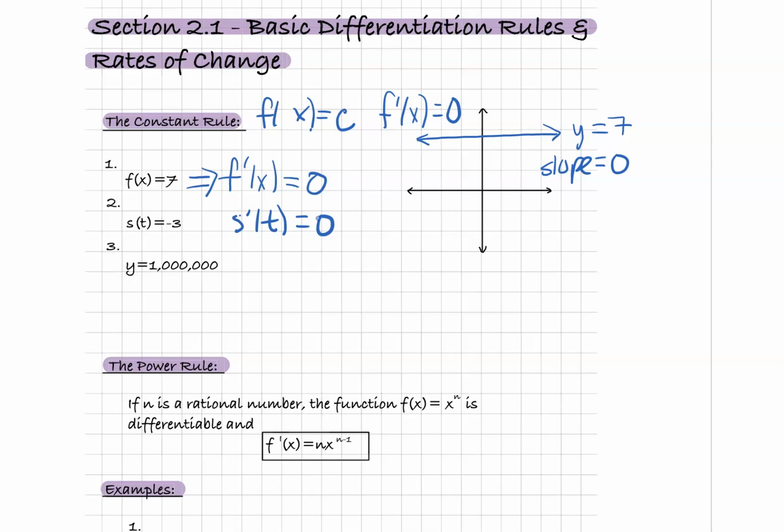Say y was equal to 1 million, then y prime would still be equal to 0. So we can kind of just make a statement here. If it's a constant, just a number, no variable, the slope or calculus derivative is 0. And you can see we have that written here. Okay, so pretty basic, just numbers, derivative 0.